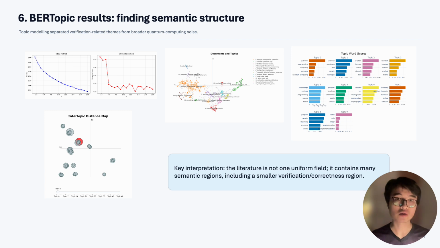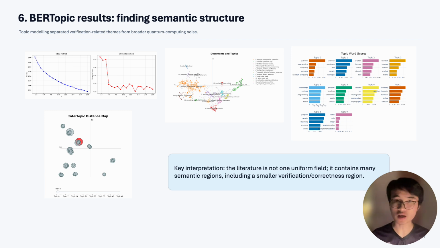BERTopic was used to identify semantic structure in the text fields. As we can see here, the elbow and silhouette plots help the cluster selection. But I did not rely only on a single metric because my lowest K value was too coarse.